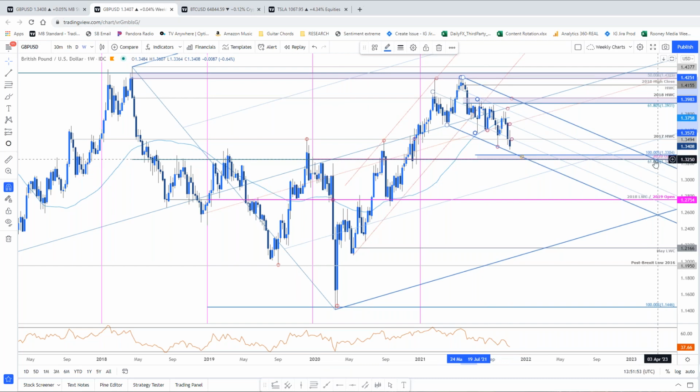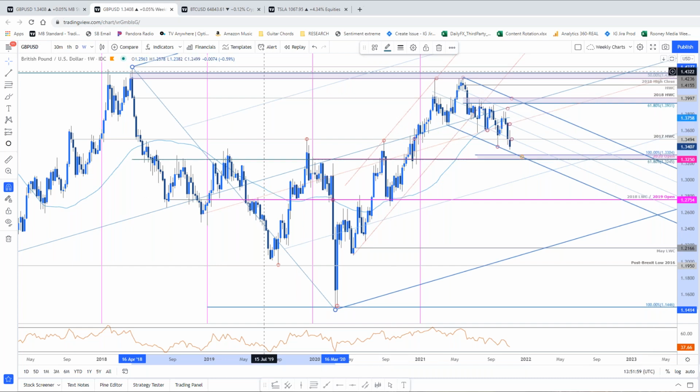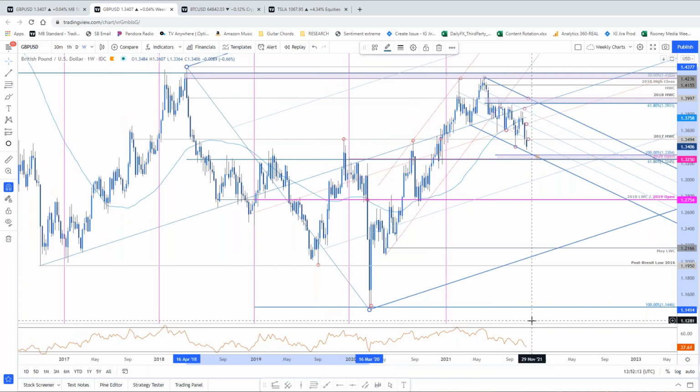The 618 is a longer term retracement, excuse me, from the 2016 drop. That 618, which has been so pivotal, still is in that zone. So you got a 40 pip zone of key support on the weekly chart, just lower.